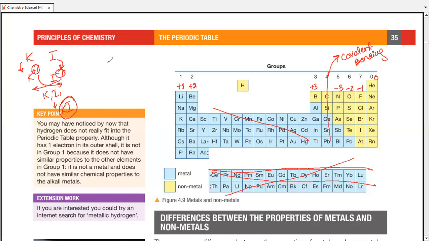All right. Let's go with another example. This time you are going to work between calcium and bromine, Br.